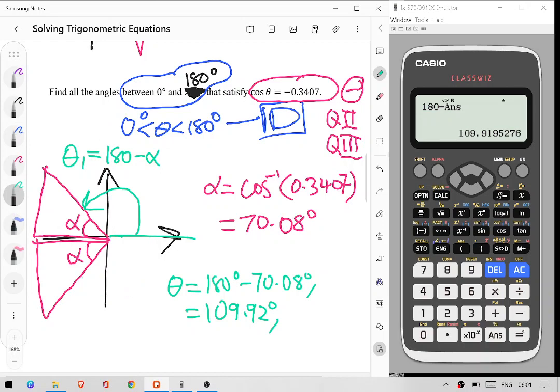So this one we cannot take as a final answer, because this angle is not within the range allowed in the question. So we have to reject it, and this is the final answer.